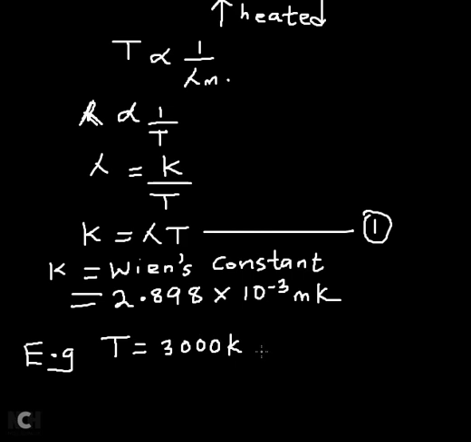At what wavelength will you expect the greatest intensity of radiation? We are looking at the maximum wavelength. What is the maximum wavelength that gives the greatest intensity? So please take note of that.